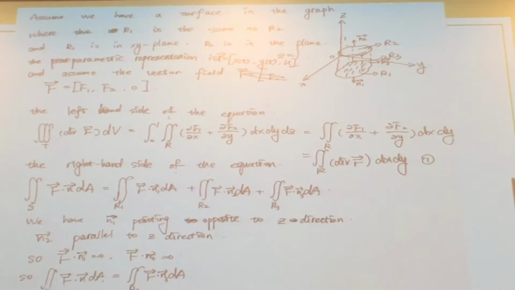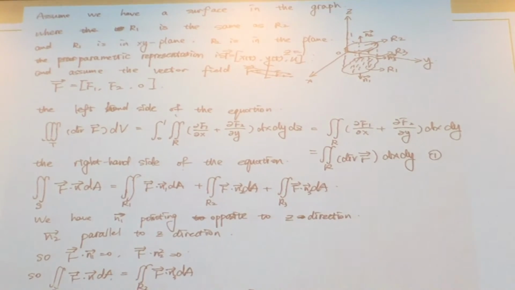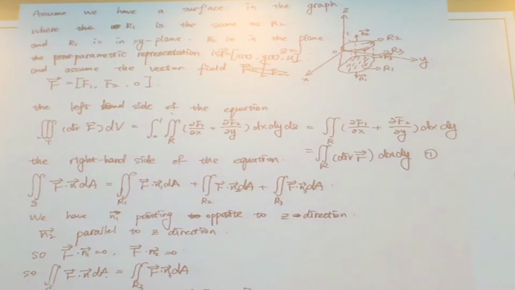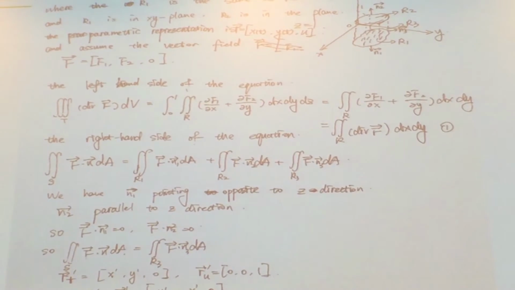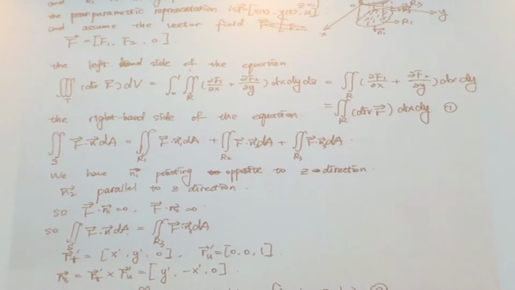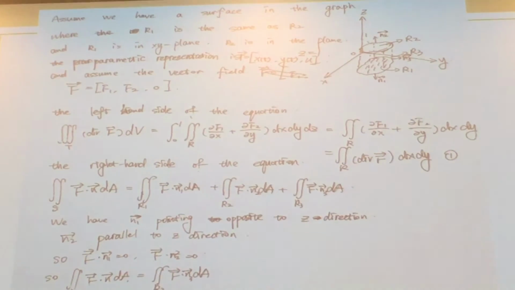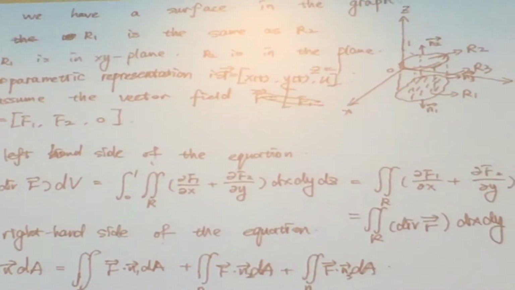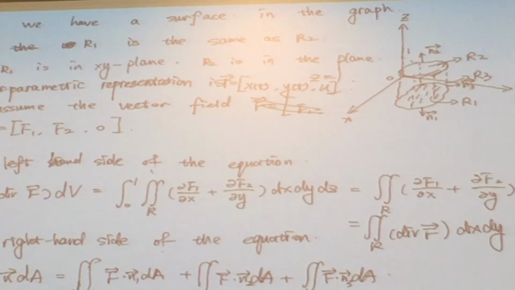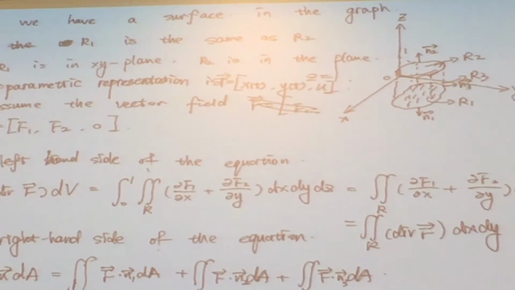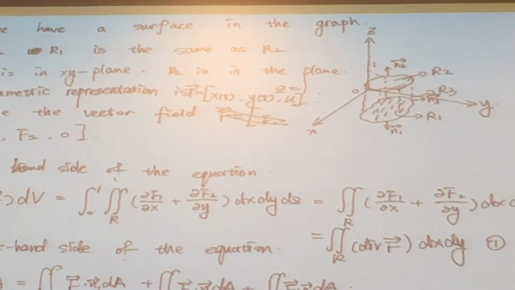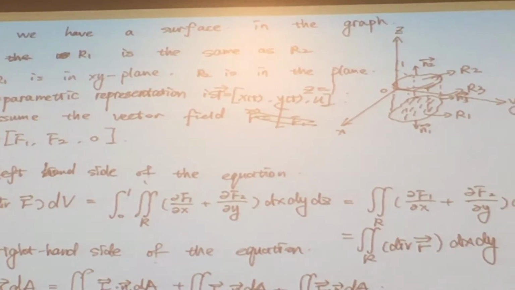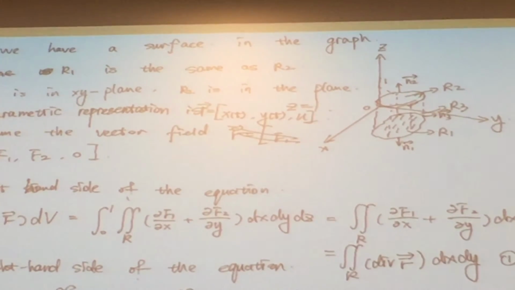So we can come up with a surface shown in the graph. And the parametric representation of the surface R is equal to x(t), y(t), and u. Here t and u are just two variables, and u is greater than or equal to 0, and less than or equal to 1.